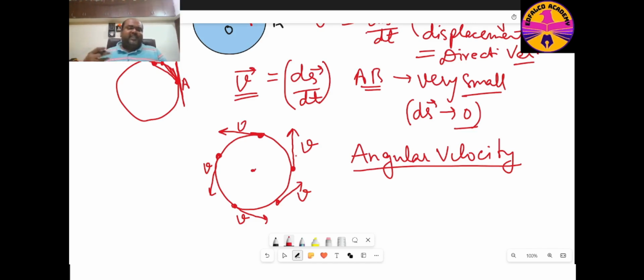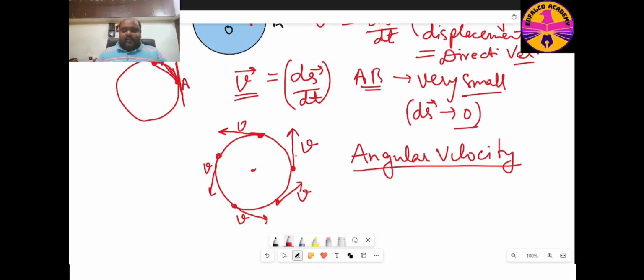You can also call it translational velocity because it is moving in a translatory fashion, moving in a line. So you can call it linear velocity, translational velocity, or simply velocity.